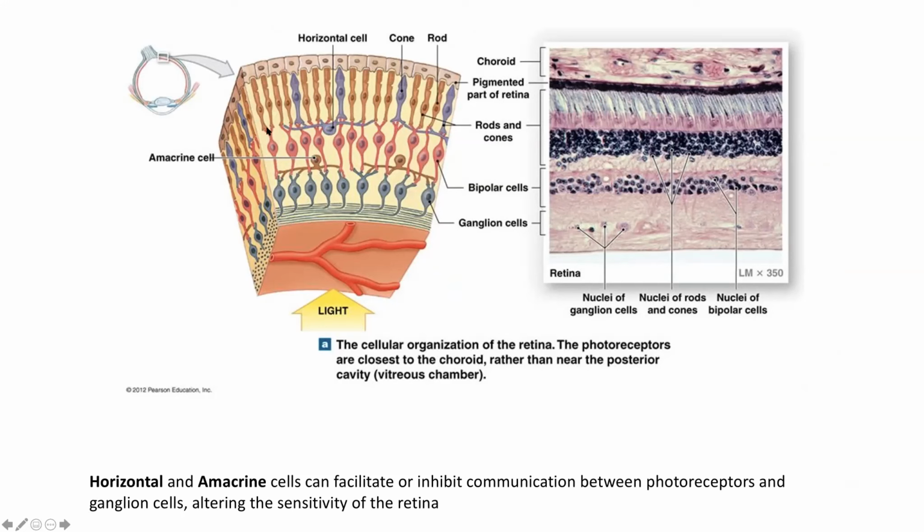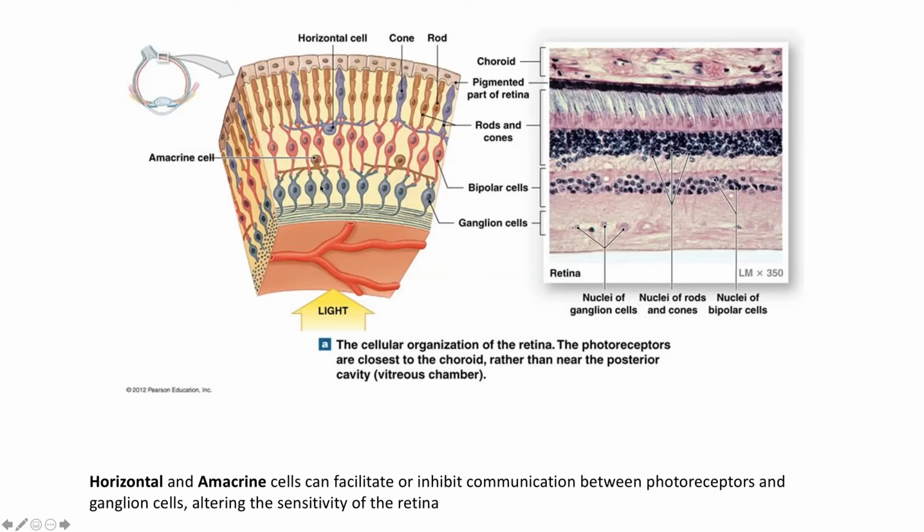And then those synapse with bipolar cells. And these bipolar cells then synapse with a ganglion cell. And we have two different cells, the horizontal cell and the amacrine cell. These can help facilitate or inhibit communication between the photoreceptors and the ganglion, so it alters the sensitivity of the retina.